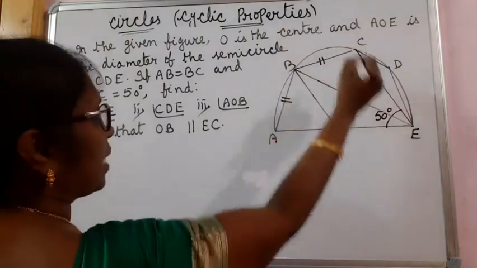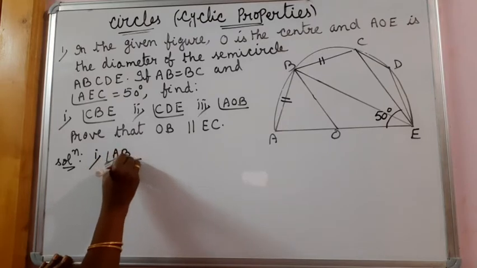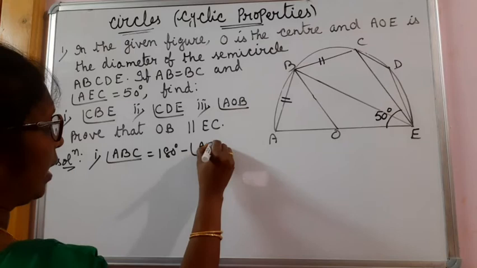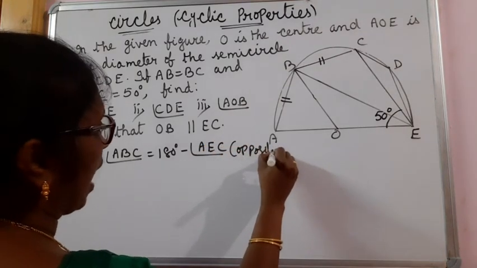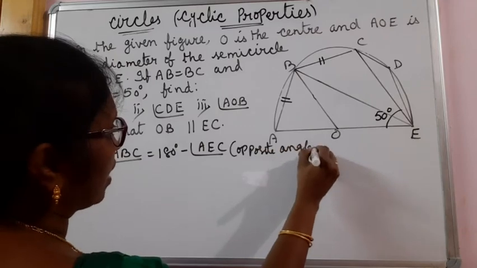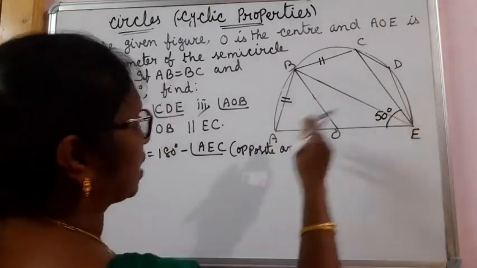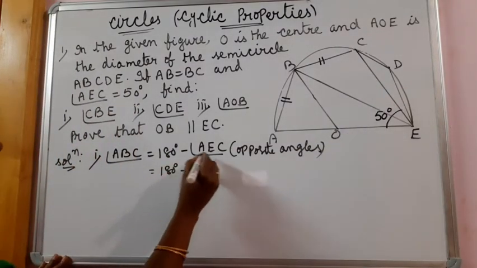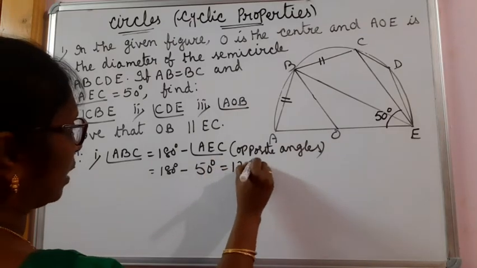So angle ABC is equal to 180 minus angle AEC, because they are the opposite angles of a cyclic quadrilateral. So that is 180 degrees minus 50 degrees, that is 130 degrees.